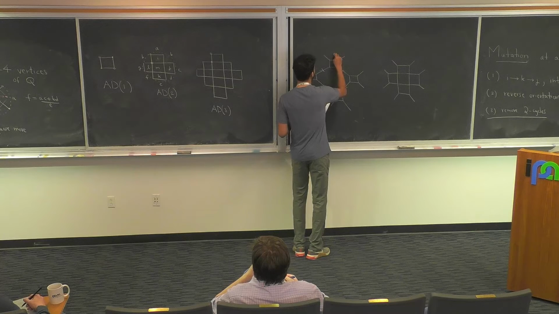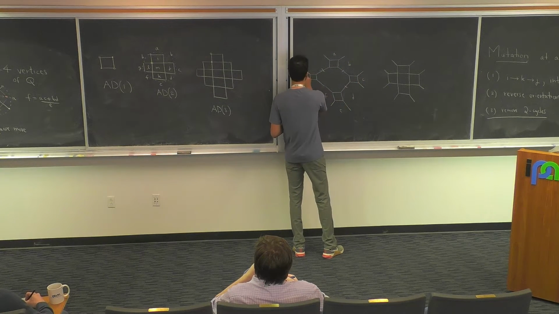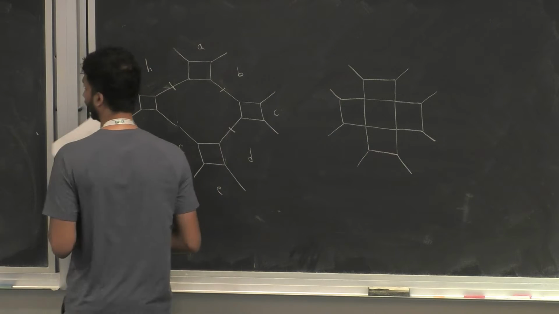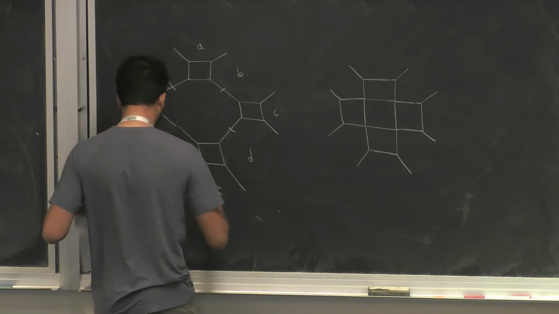These ones are the same as what they used to be, except I, J, K, and L get replaced by some new cluster variables.